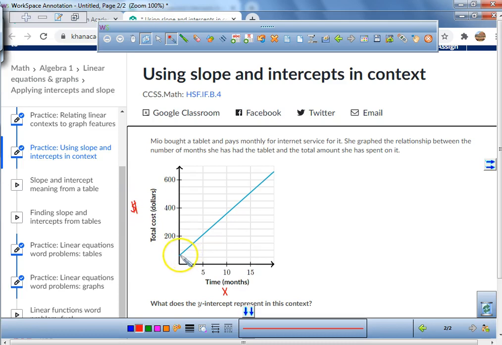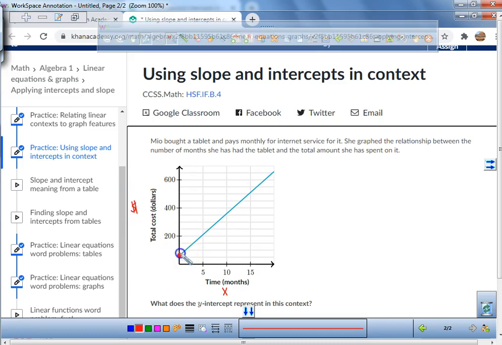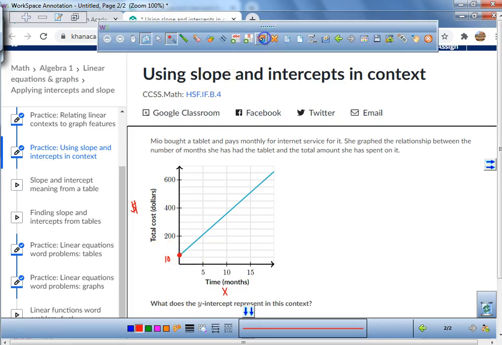What would you say this right here represents? Yeah, it's the y-intercept, right? It's slightly over 50. Not 100, my bad, 100's right here.